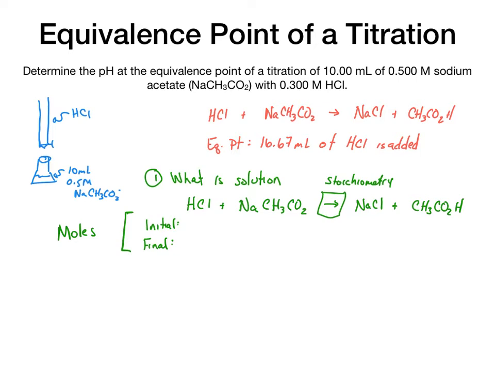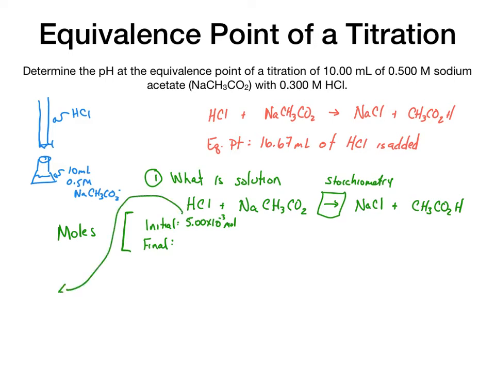And so for the HCl, I have 5.00 times 10 to the minus 3 moles. Hold on, I'm going to take a step back. Not initially. At the equivalence point, when I have added my 16.67 milliliters.